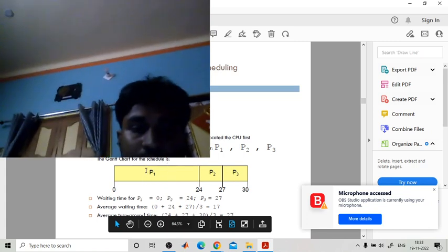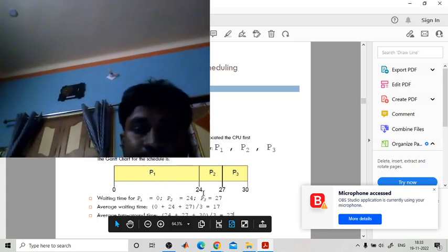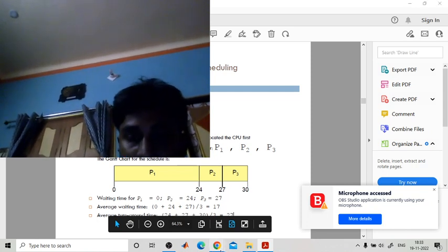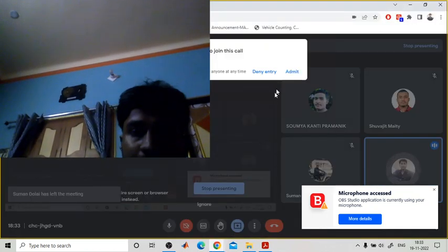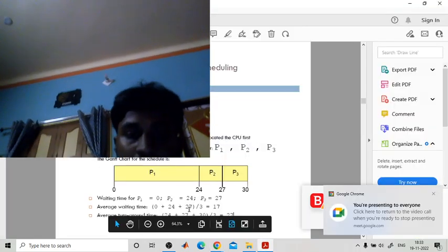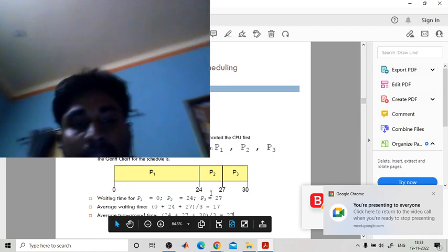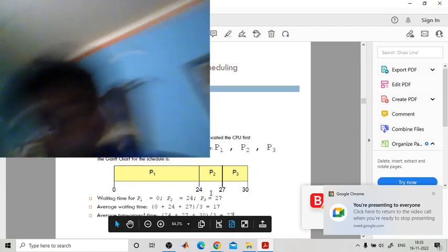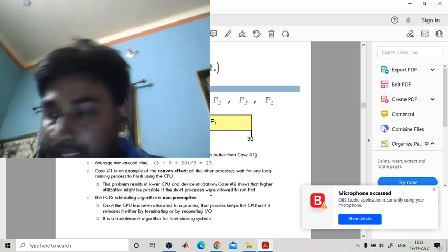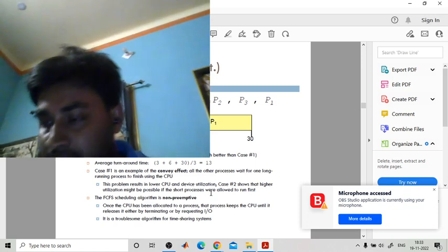So when a process has the maximum CPU burst, then some other processes have to wait for that time, and that is the problem: the processes are waiting here, and that is called the convoy effect, or you can say starvation also.